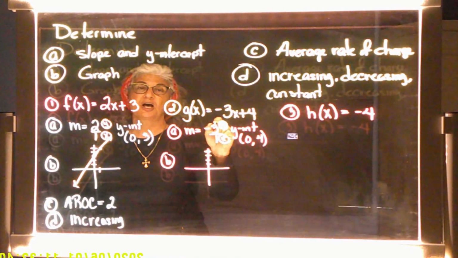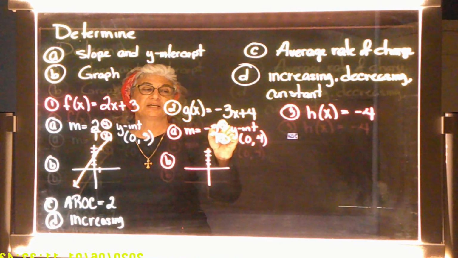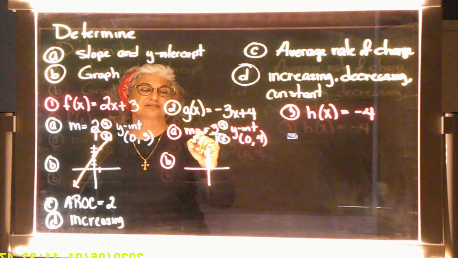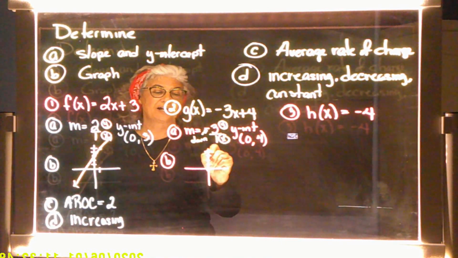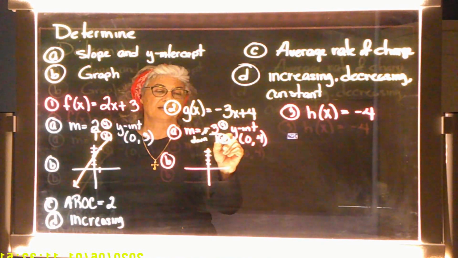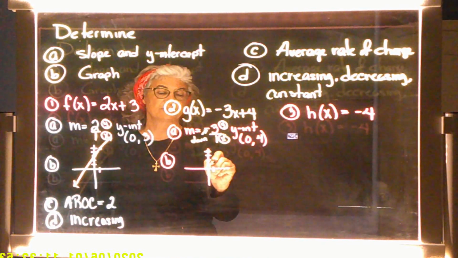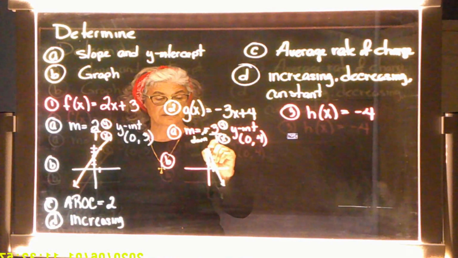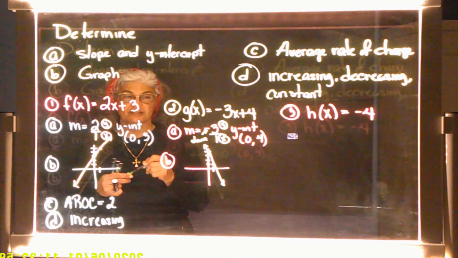So according to the top number, I'm supposed to go in the y direction. Yeah, this negative means to go down. So I'm going down 3 spaces. And this x being a positive means I'm going to the right 1 space. So as I connect my dots, this is what my graph looks like.